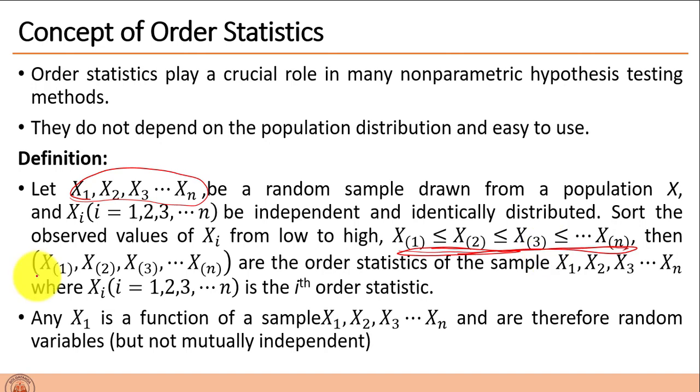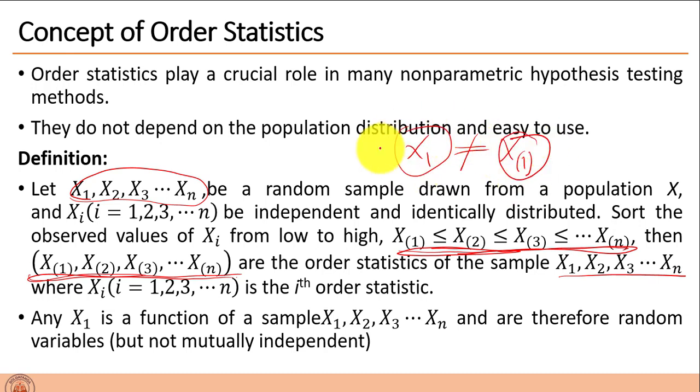Then this group of data here is what we call the order statistics of the sample x1 to xn. So x1 is not the same as x bracket 1. This indicates the order, and this indicates the original values from the data set.